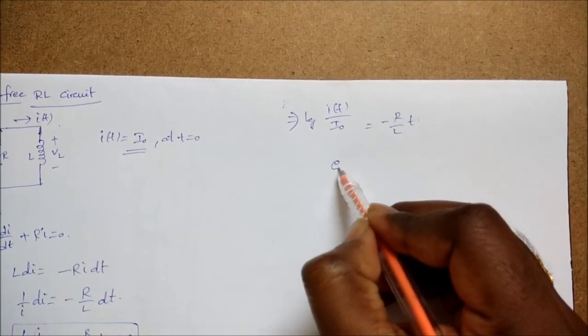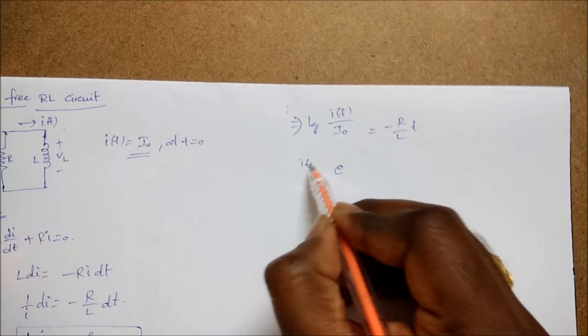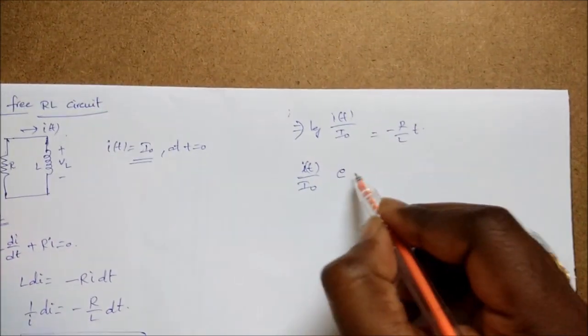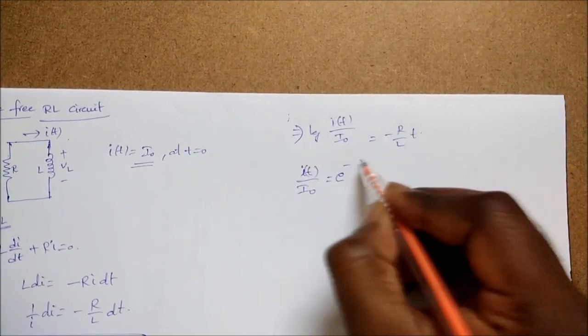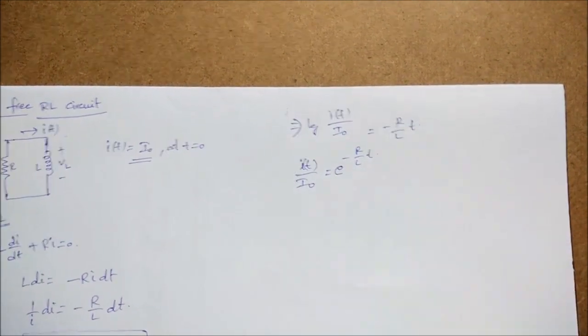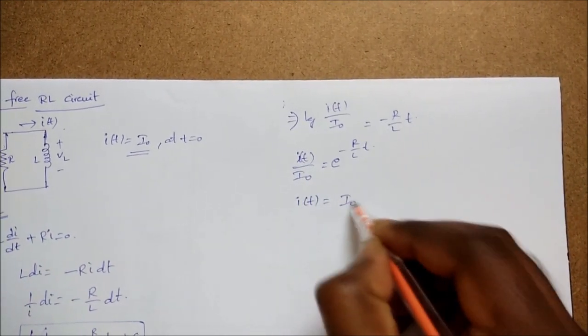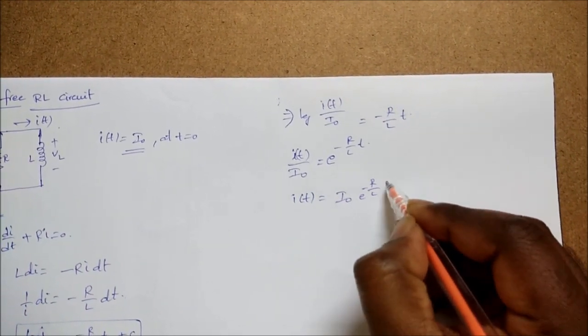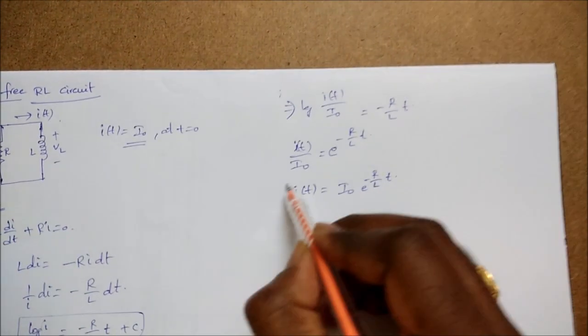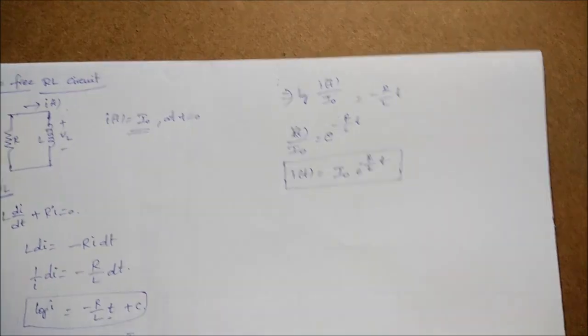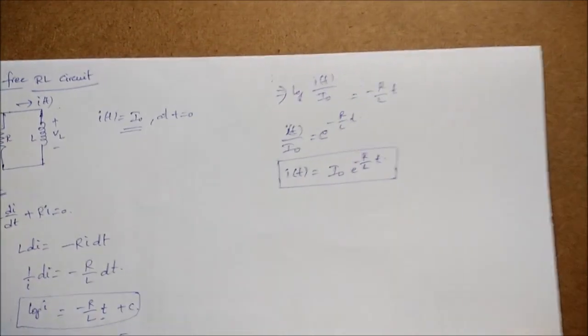This implies I of t by I naught is equal to e power minus R by L into t. That means I of t is equal to I naught into e power minus R by L into t. Now this is the current in that circuit.